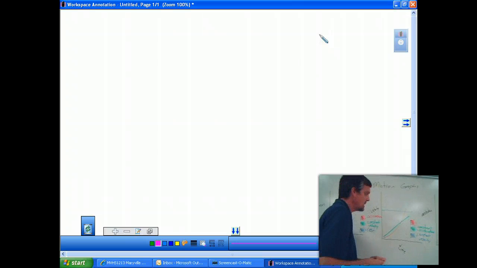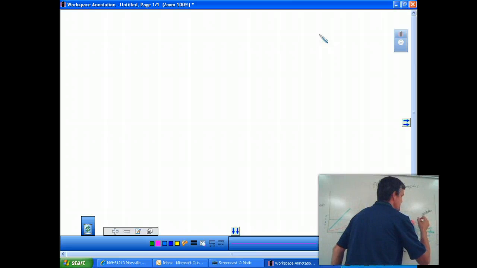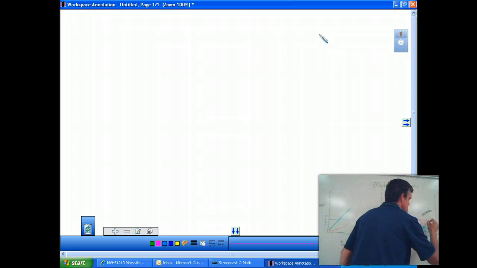That's how hard gravity pulls that object down towards Earth. So that's what a straight slope means on this type of graph. And then this is just a changing acceleration. This curve is just going to mean a variable acceleration.